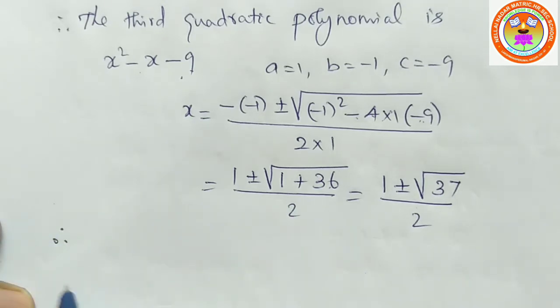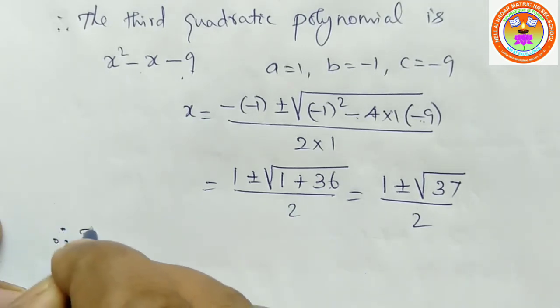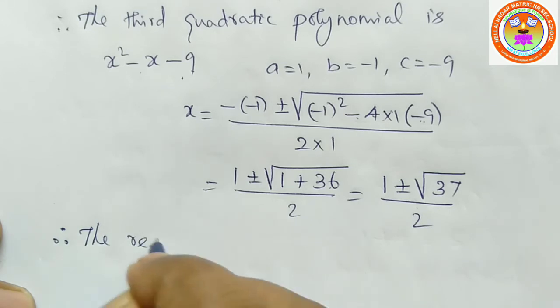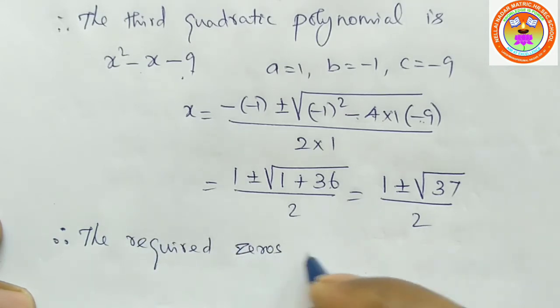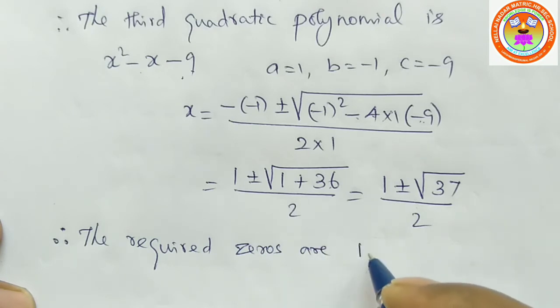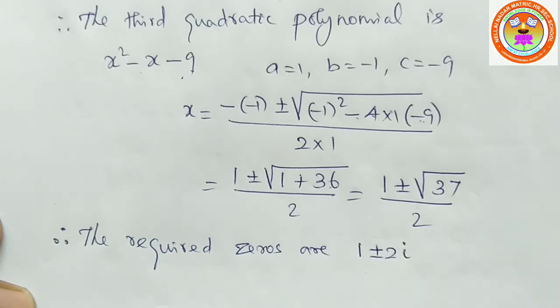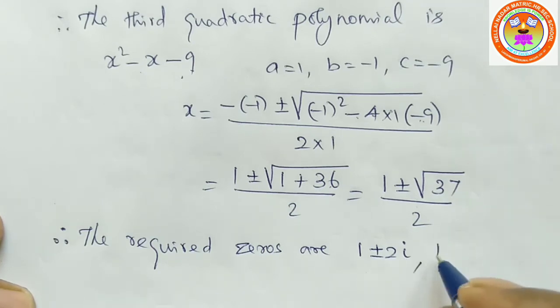Therefore, the required zeros are 1 plus or minus 2i, which is given, 1 plus 2i is given, we find out 1 minus 2i. Then plus or minus root 3, plus root 3 is given, we find out the second one, minus root 3.